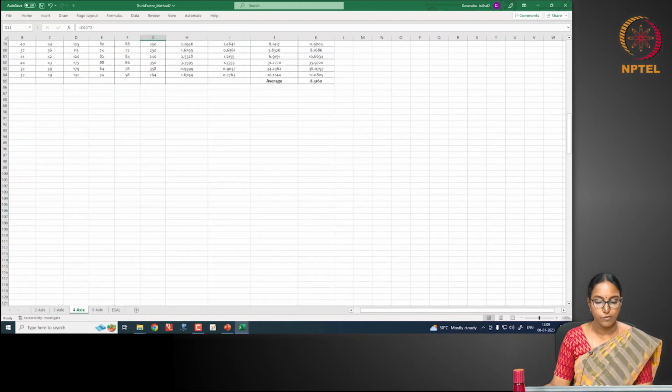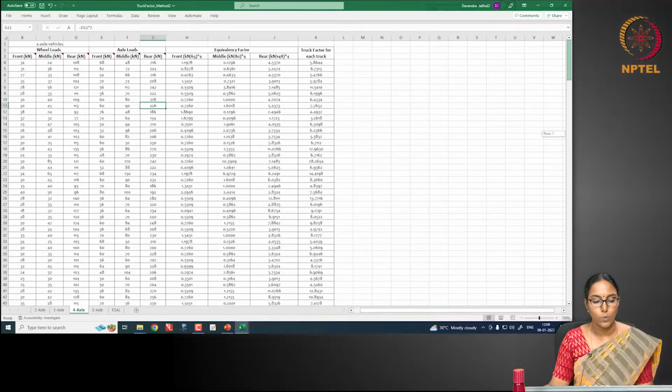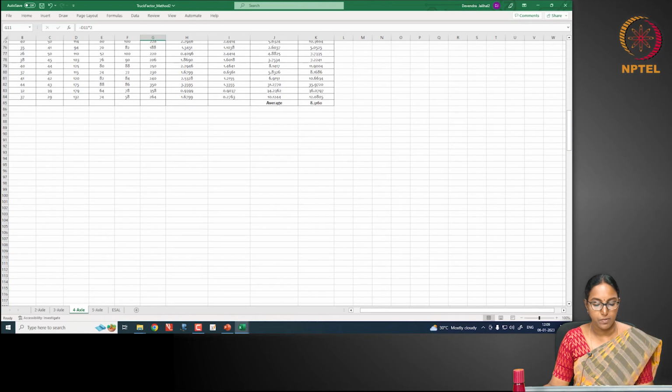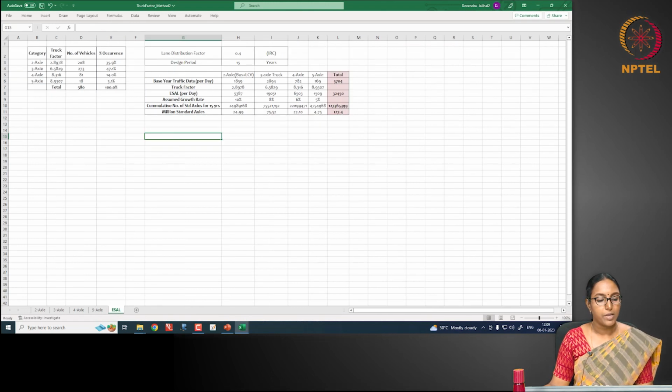Now similarly for the 4-axle truck, the one with the front axle, middle axle and the rear axle, you see here the average truck factor comes out to be 8.31, and for the 5-axle it came out as 8.93. Then the rest of the computations are similar.